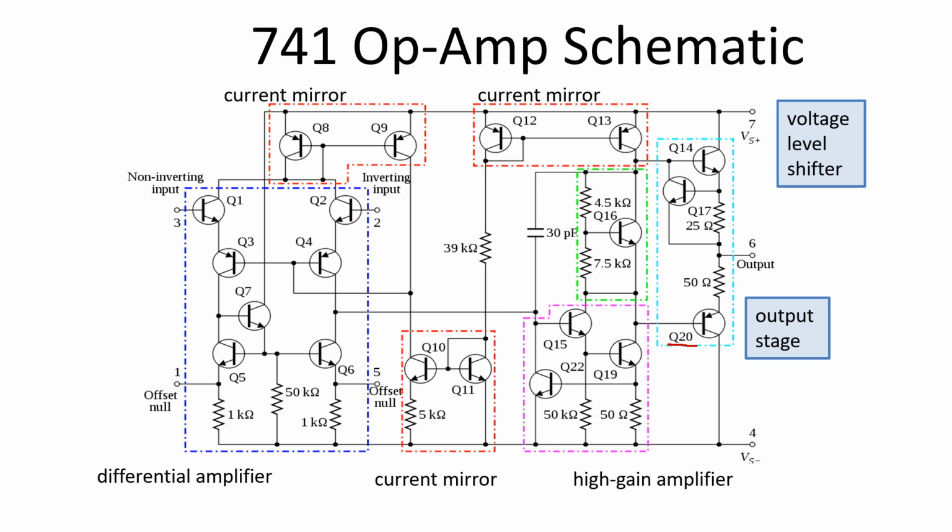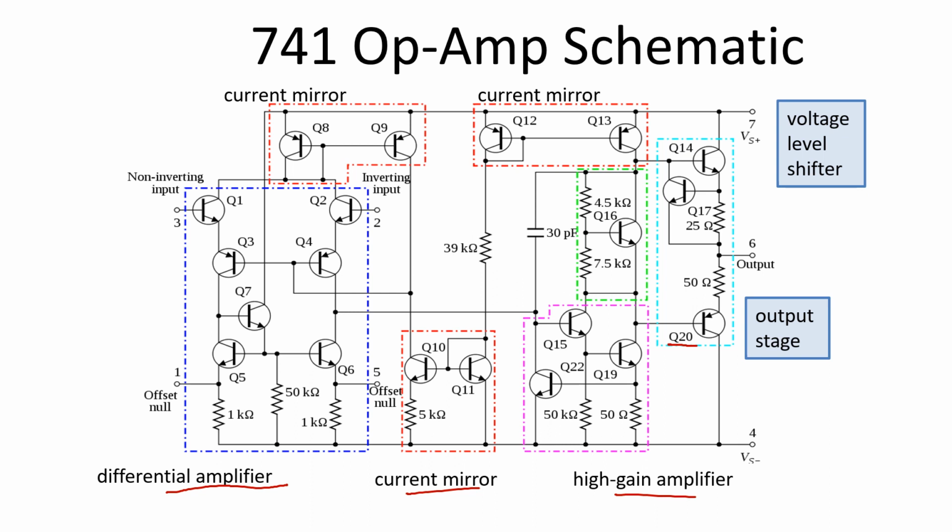The first stage is the differential amplifier, where pin number 2 and pin number 3 are compared. The next stage is the current mirror, and the final stage is the high gain amplifier.